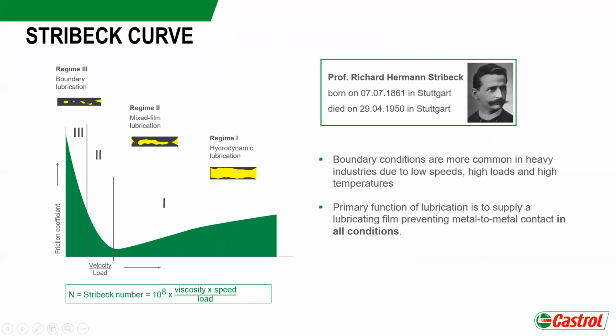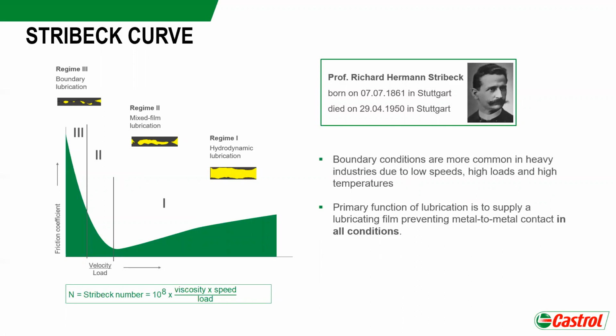So it's really important for us, and this has been mentioned more than once, even just in this presentation, to think about the principles that are described in the Stribeck curve. So where do we want to be? Well, ideally at the point of lowest friction, certainly away from boundary lubrication, where you have direct metal against metal contact.